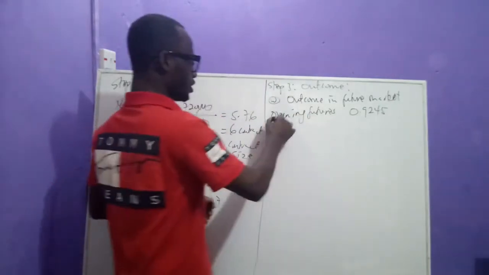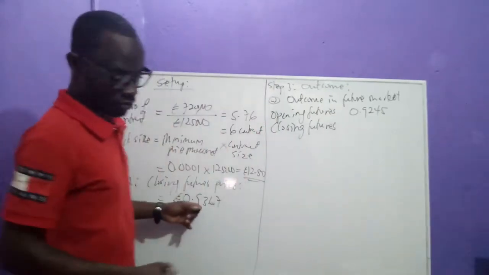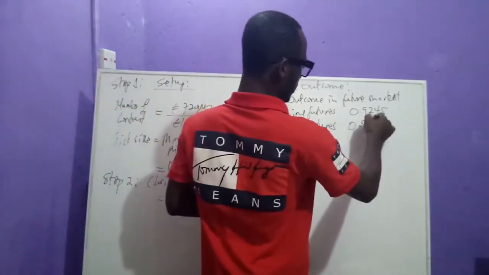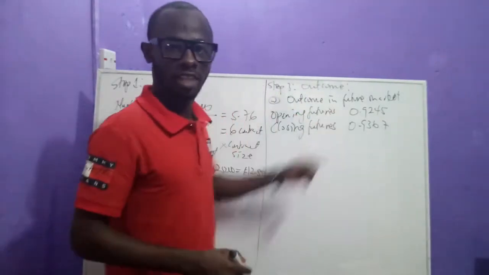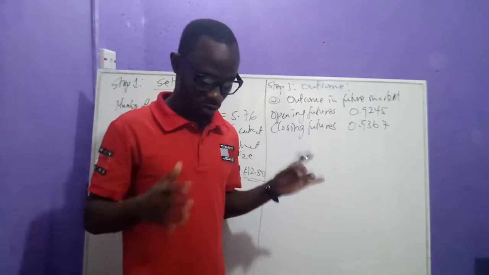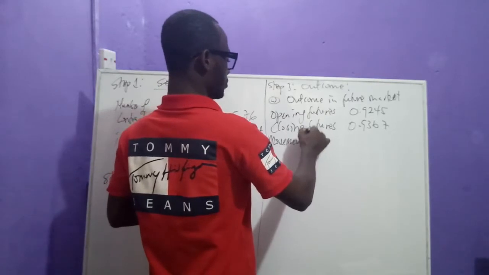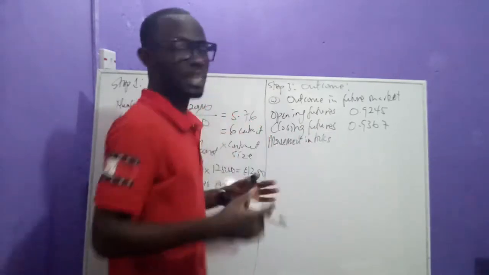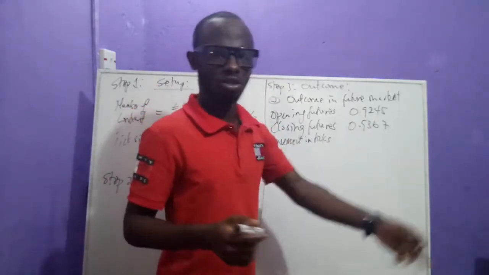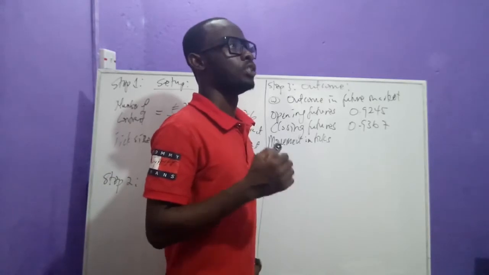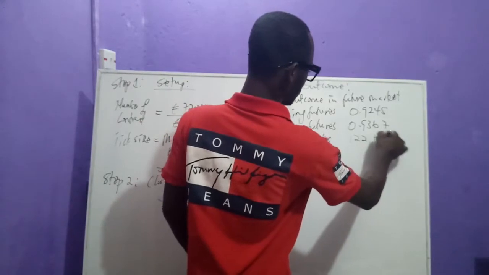Then the closing futures price right here, 0.9367. So we buy at a low rate and sell at a high rate. That is what we mean by profits. So the movement in ticks, which certainly is the profit that we are making, is always to the fourth decimal place, and that is going to be 122 ticks.